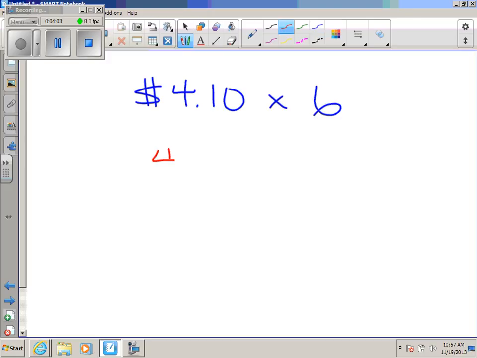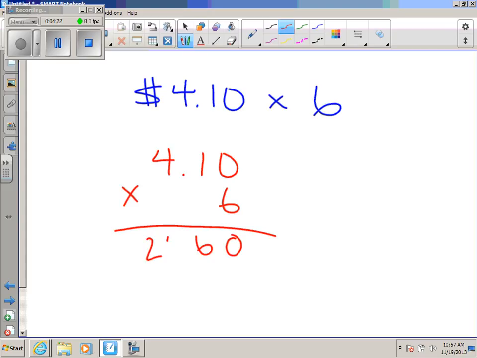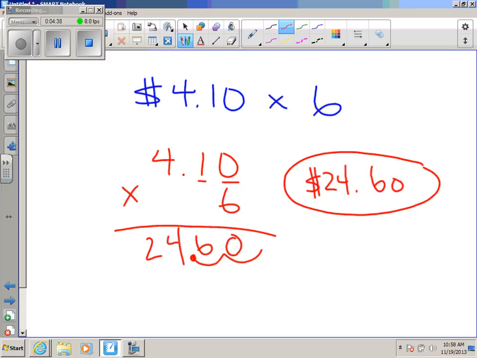We just have to multiply. $4.10 times 6. 6 times 0. 6 times 1. 6 times 4. 2 places after the decimal combined in this problem mean I go 2 places. The final answer, $24.60. So the multiplication facts don't change. It's just a matter of when it's all said and done, make sure to account for your decimal.